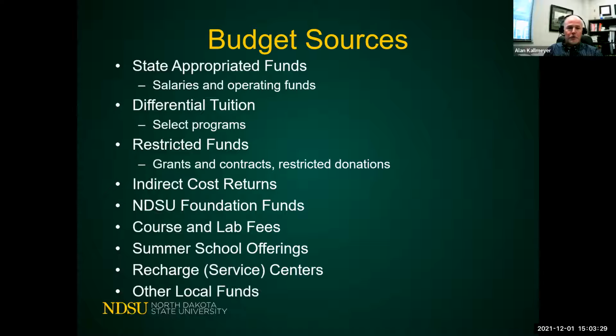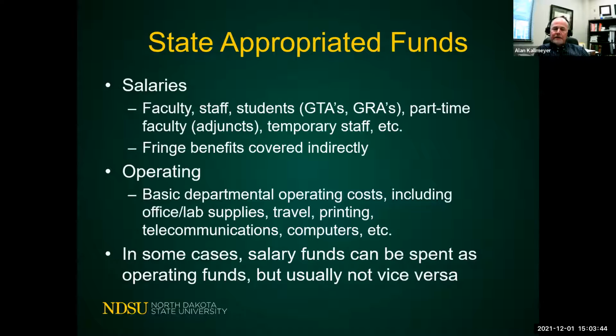Recharge centers for programs that have equipment that can maybe be loaned out, and so to speak, rented out, that can provide a pretty good source of funding as well. So we'll talk through these different sources as we go, and again, really focus on the best way to use those funds that makes the most sense.